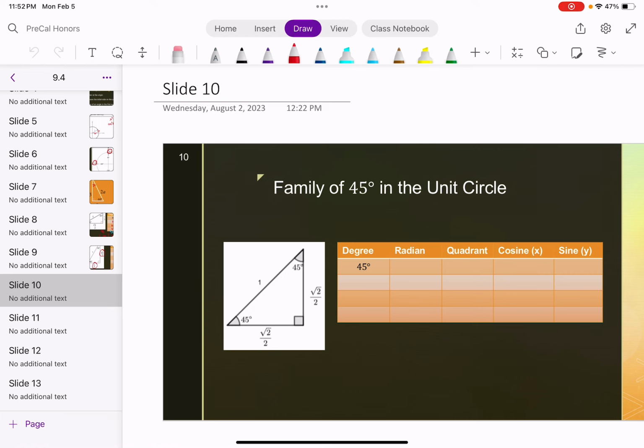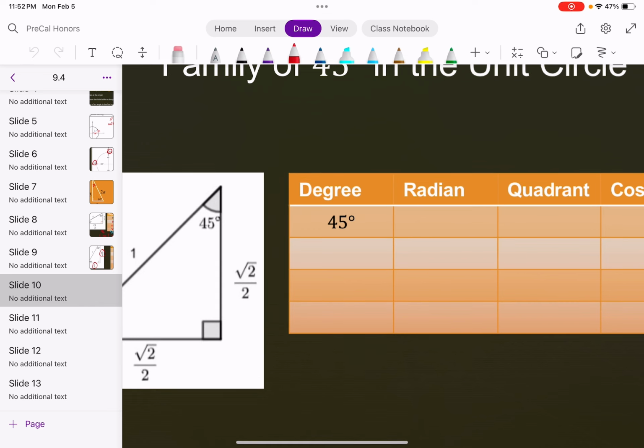So number 10. In this problem, we have a 45, 90 degree angle. Whenever we have a radian, for the most part, what will end up happening is that the radian for 45 would be pi over 4.